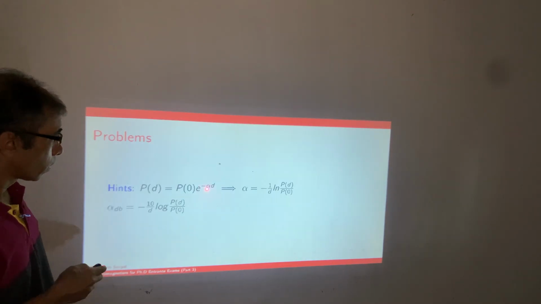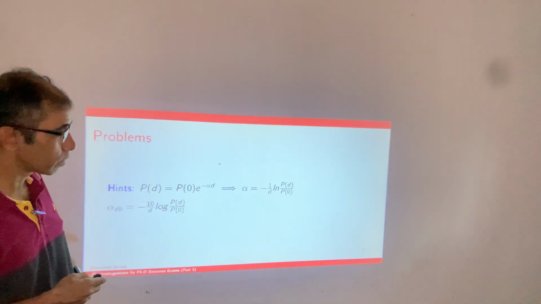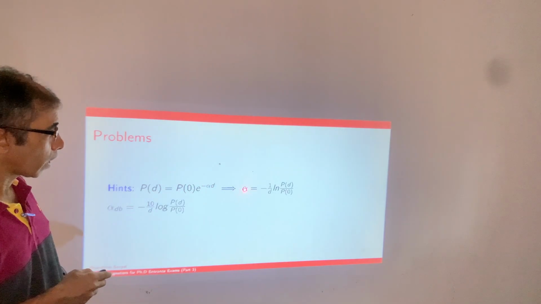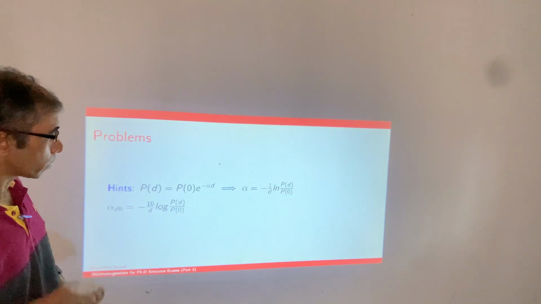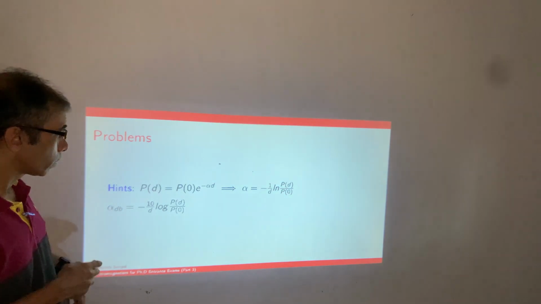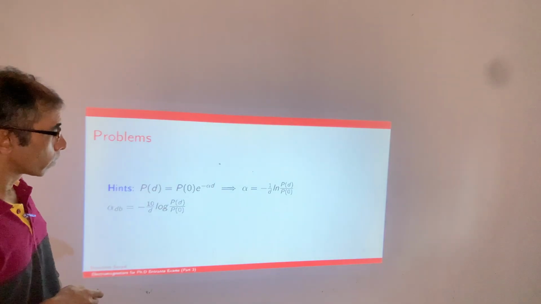From this relation you can easily find out alpha. Alpha is equal to minus 1 by d ln of P_d divided by P_0. P_d and P_0 are the intensities. Right.